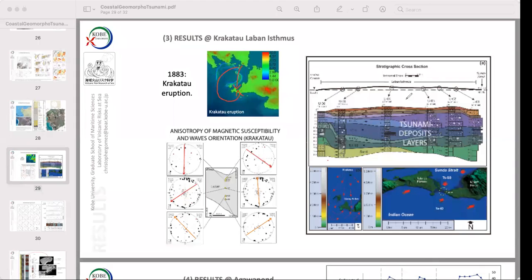And what you can see here, so here you have the Krakatoa, and on this side you have the Indian Ocean. We have tsunami deposit like this one, the green one, that went from that direction. Actually, I think it's the opposite, sorry. I'm saying something wrong.